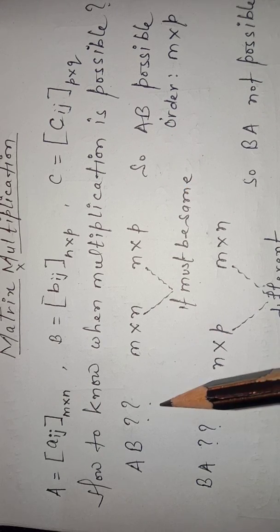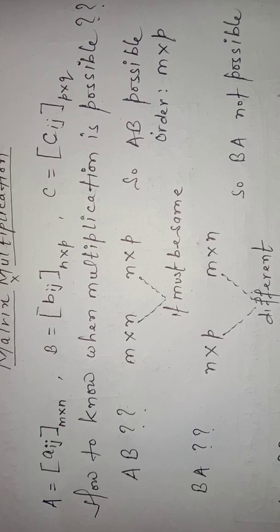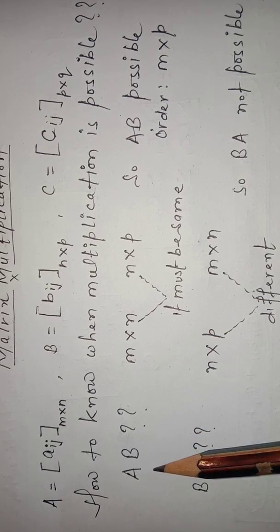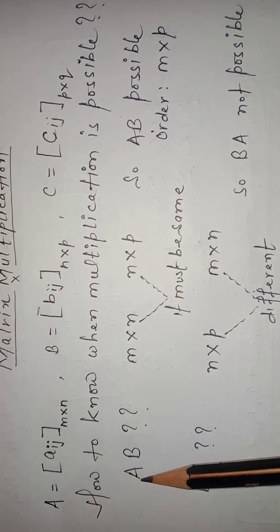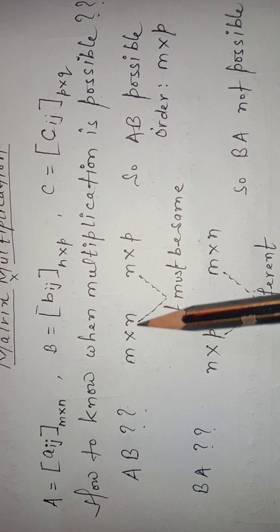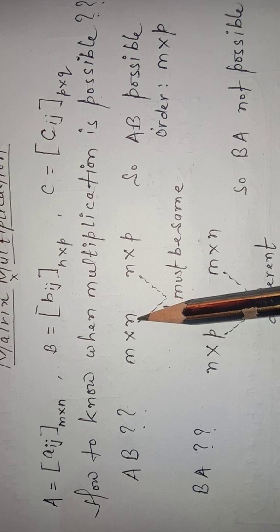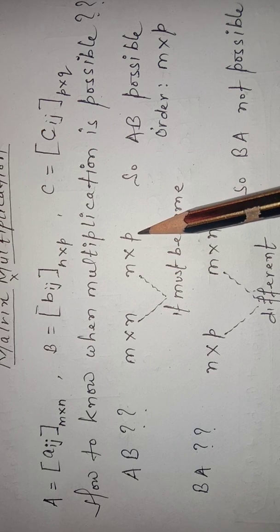Let's say you want to know whether multiplication AB is possible. I am giving you a very interesting trick. First, write the order of A, which is m by n, and write the order of B, which is n by p.